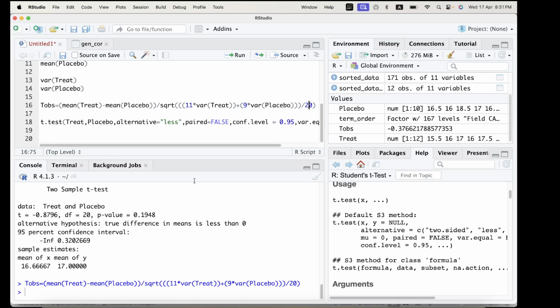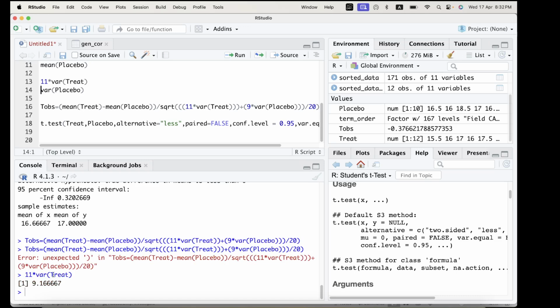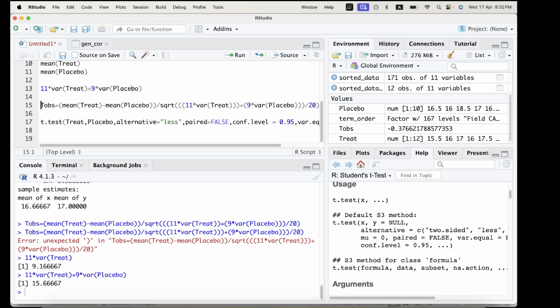It's a bracket issue, even I feel it's a bracket issue. Anyway, here I'll do 11 into variance of treatment, plus 9 into variance of placebo.